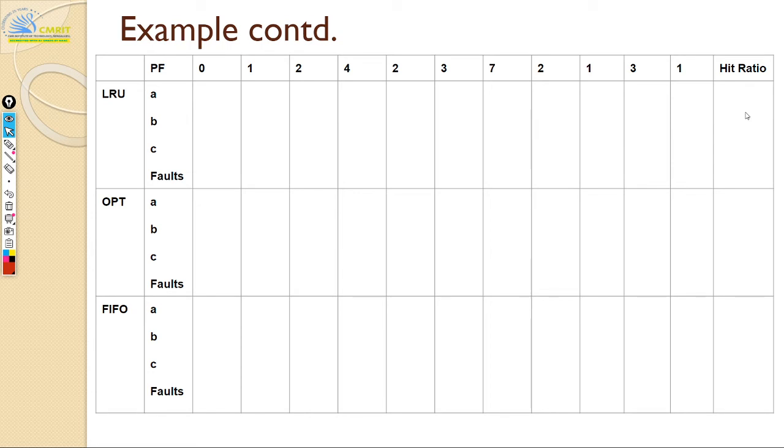Indirectly, you find the page faults, and the number of times you don't have a fault, that's your hit, divided by the total number of pages. That will give you your hit ratio, and whichever algorithm has the best hit ratio is the best.